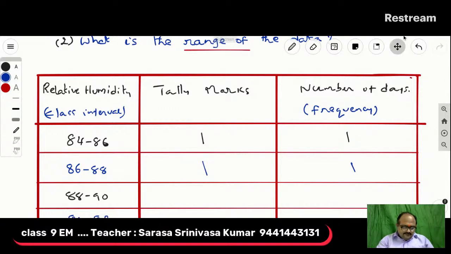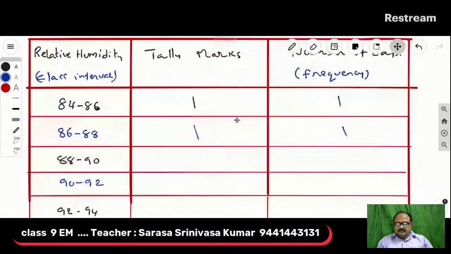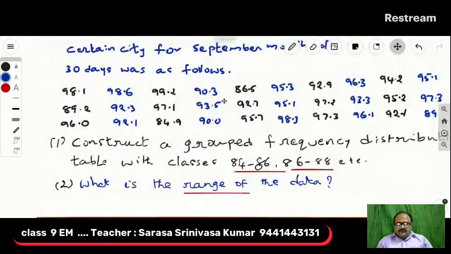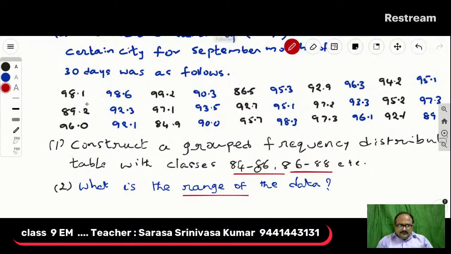And next, 88 to 90. Here is 89.2. In the rest there is no such observation.